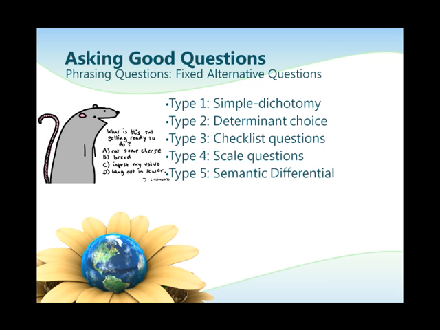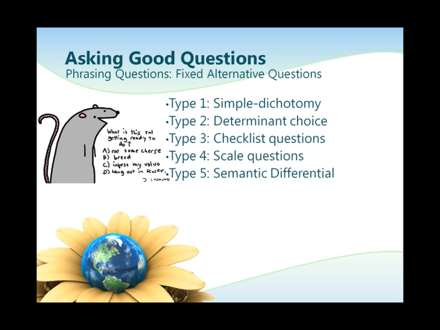The last type also, like the scale questions, focus on beliefs, values, and behaviors. A semantic differential question is one that is designed to measure the connotative meaning behind concepts. So the respondent is asked to choose whether his or her opinion lies on a scale between two bipolar adjectives.